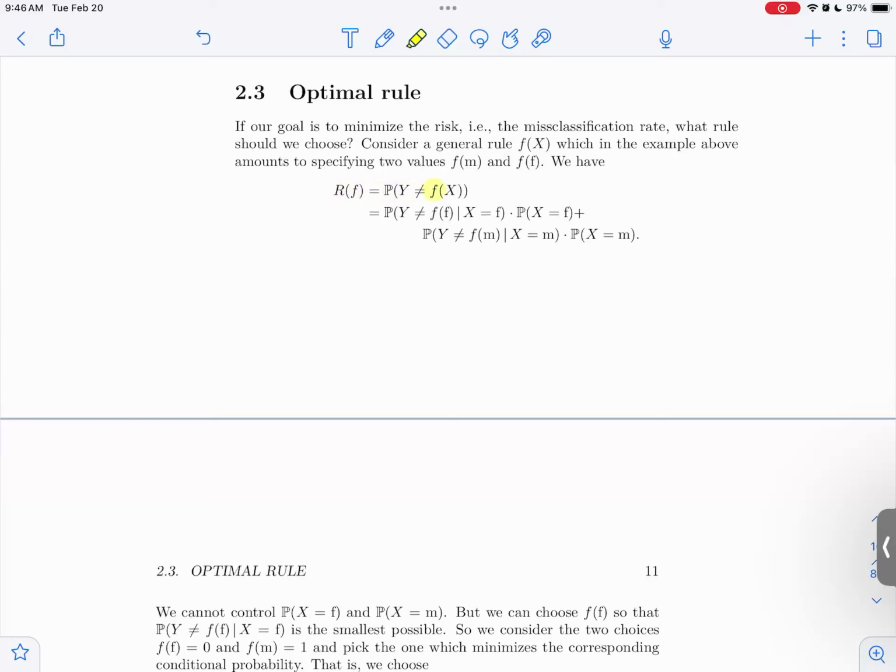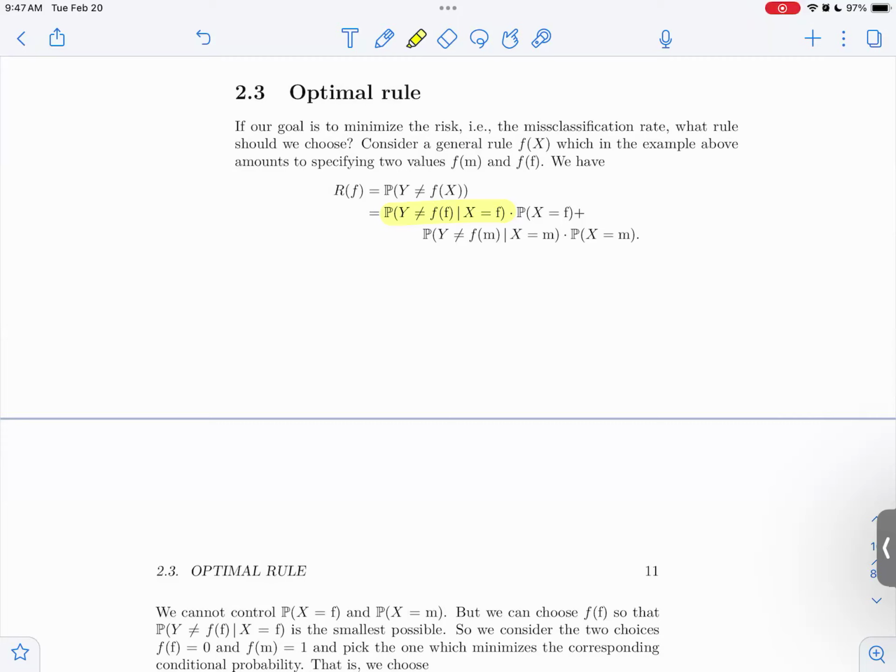Now, I don't know f, and what I do is condition on x. If I have x equal to female, here I'm deciding as a female, and so I can minimize this probability. Choose the decision f of female that minimizes this probability. Your choice is either 0 or 1 here for f of female.